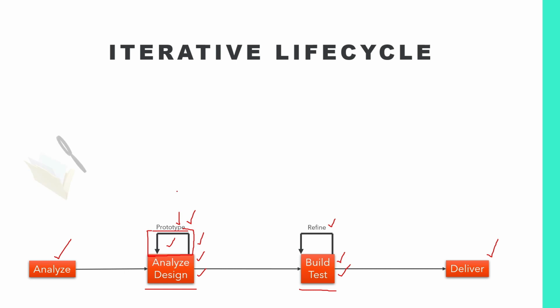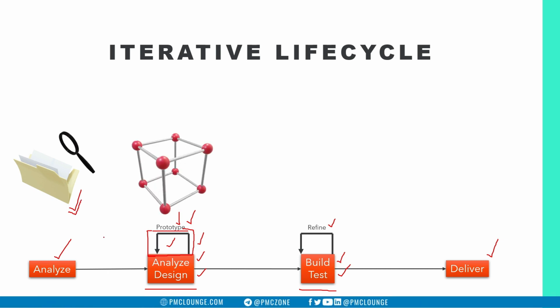Let's take an example. In analysis, you are analyzing some requirements, and this could be, let's say, the construction of a house. You are analyzing what requirements your customer has. Next, you come up with a prototype. It can be a printout that contains the entire design of the house, or a 3D model of the house.